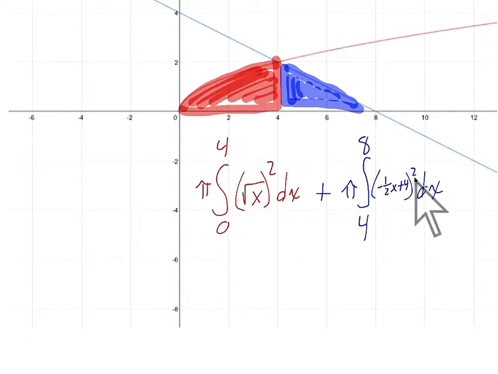Pi r squared for each one of those disks, which are dx wide. Right? So that's A. And now instead of rotating around the x-axis, we're going to look at rotating around the y-axis.